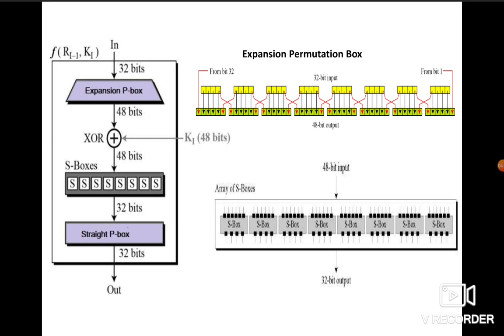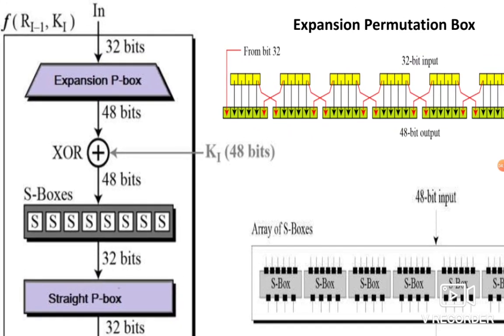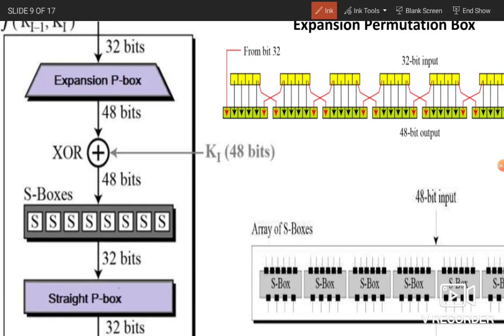So what happens in each and every round? It is given here. We have either the left half or the right half. Initially it is expanded to 48 bits. Why do we expand? Because we have a 48-bit key, and in order to apply the XOR operation, both should be of the same length.